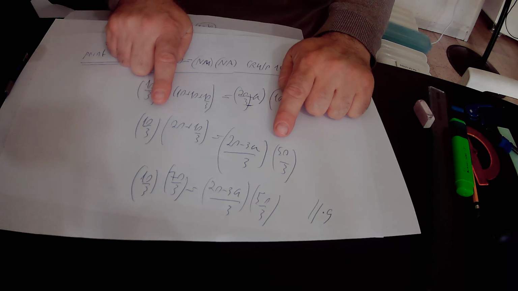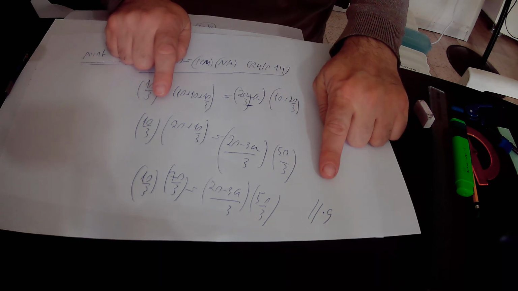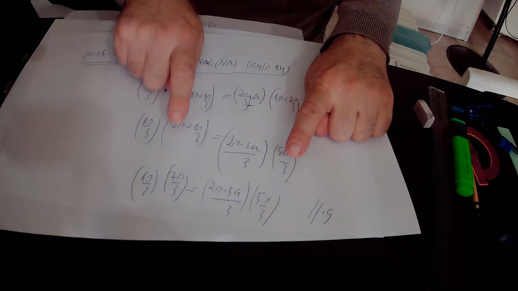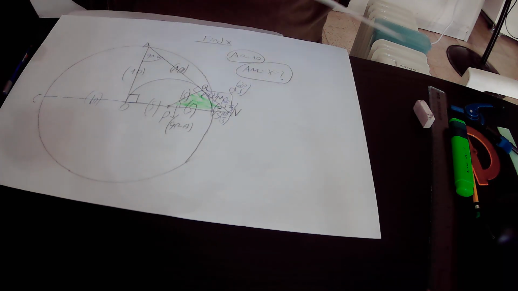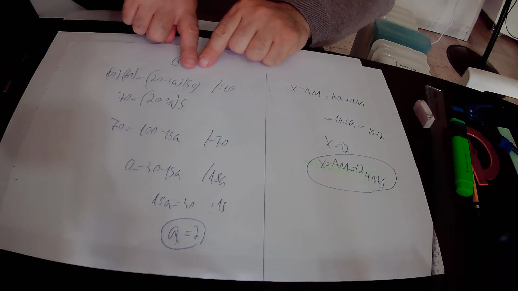Therefore we multiply this equation by 3 in order to cancel the denominator. So we cancel the denominator, and we are left only with 70 equals 20 minus 3A times 50.